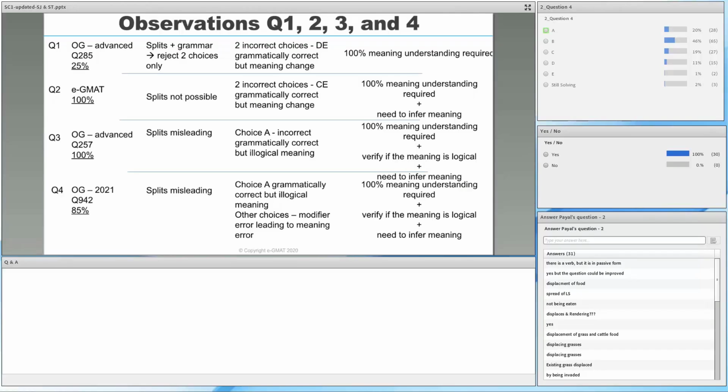But even if the original sentence presented illogical meaning, we could figure out the intended logical meaning by extracting the logic from the given information in the sentence. So once again, need to infer meaning is what we must do when we come across a sentence that presents illogical meaning. So the e-GMAT 3-step process works for all sorts of GMAT SC questions, no matter which question you go to.